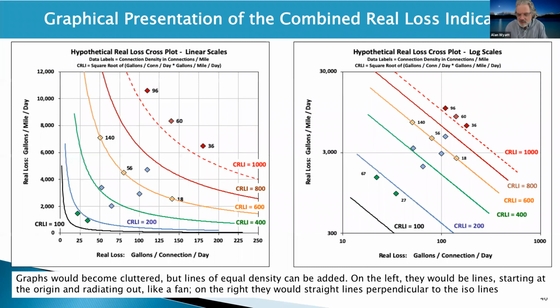In other words, is there a unit real loss indicator that could work across all density ranges?